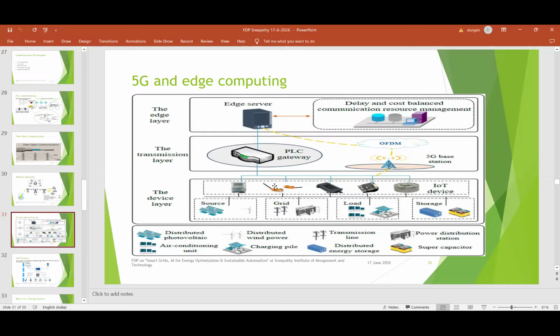But with 5G as well as edge computing, the data processing occurs at the source of large data, the big data. So it improves the efficiency, and it also gives reduced response time.